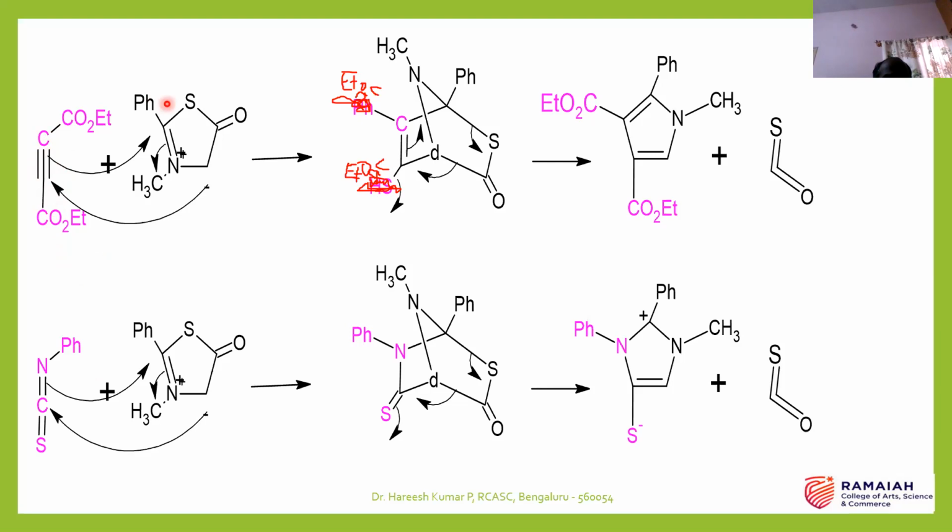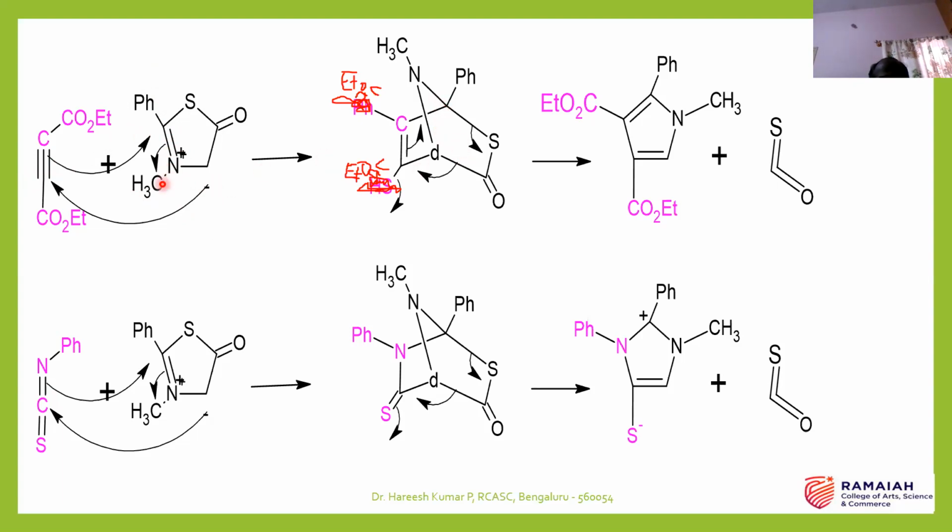Here there will be a 1,3 dipolar addition to the alkyne, 1,3 dipolar addition to the alkene, more particularly heteroatom containing ones. So what you can observe now, this anion can attack this carbon, this bond pair can form a bond with this carbon, and this bond pair is going on the nitrogen and will sit as a lone pair.